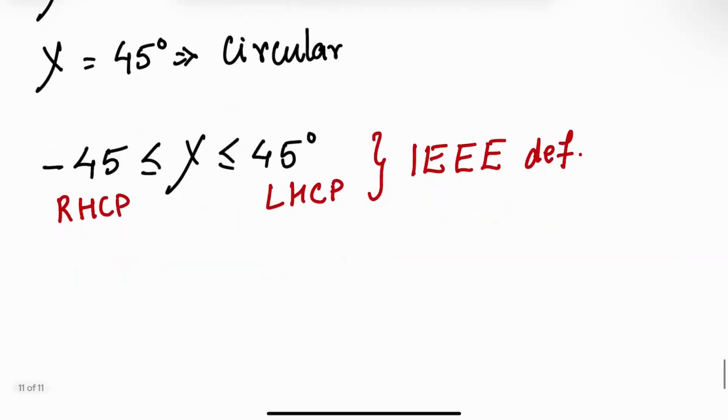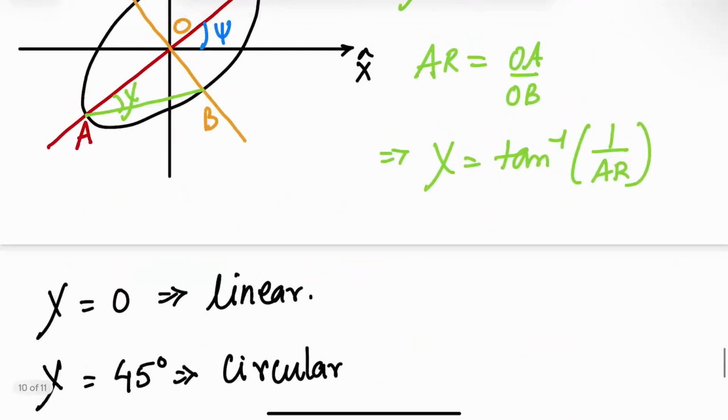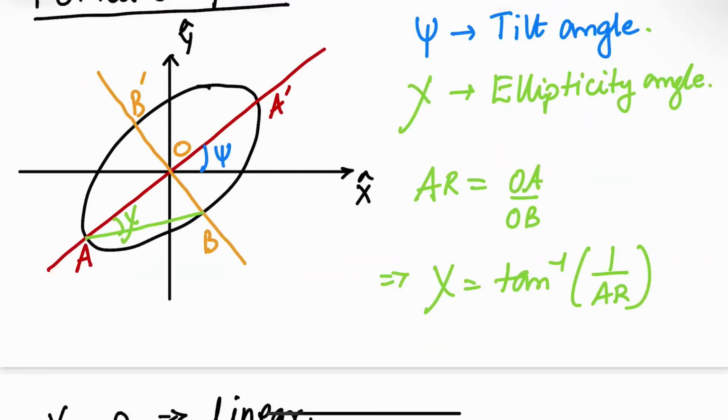Now, psi is the tilt angle, which means that it lies between 0 degrees and 180 degrees. Essentially, 0 degrees means the polarization is horizontal, 90 degrees polarization is V, and then at 180 degrees it goes back to horizontal polarization.